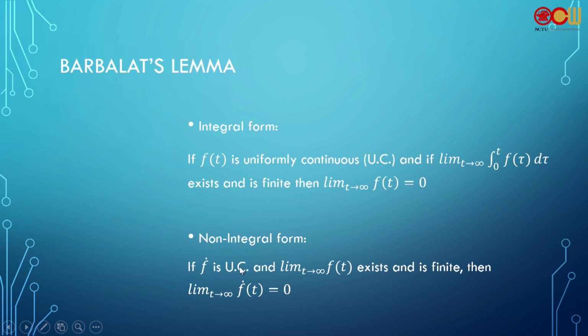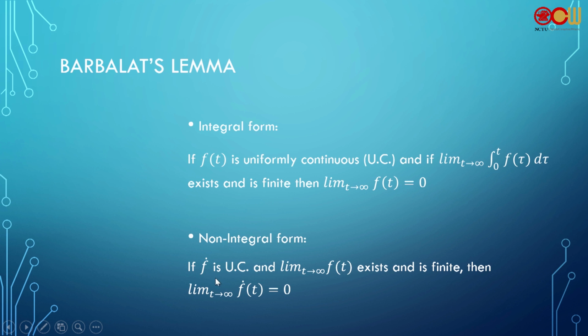Now look at this. The second version is the non-integral form. There's no integral. In other words, you take the time derivative of f, which is f dot. Take the time derivative of this integral, and you get f here. The second one is similar: the time derivative of this part gives you this part. So it's called the non-integral form.